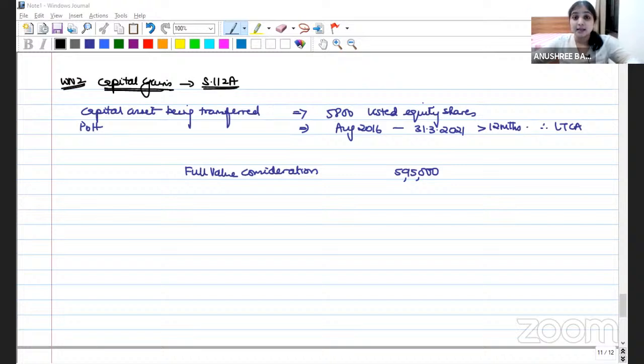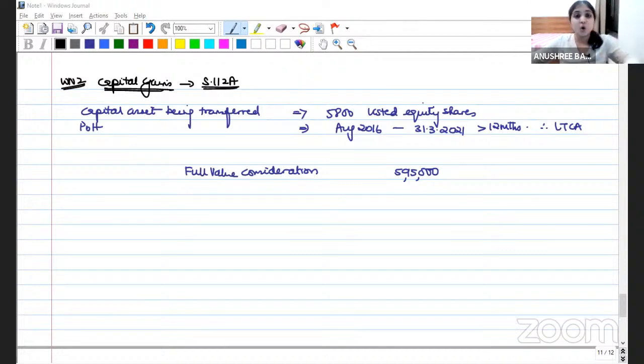And in case I purchased the shares before 31st Jan 2018, then how do I find cost of acquisition? It will be the actual cost of acquisition or FMV on 31st Jan 2018, these two numbers, whichever is lesser.